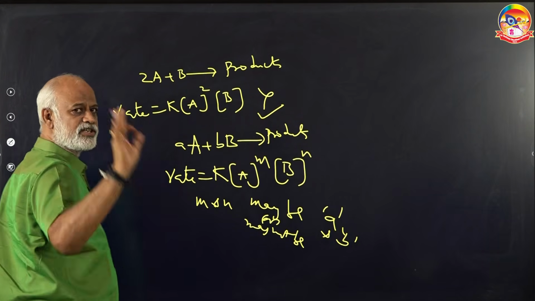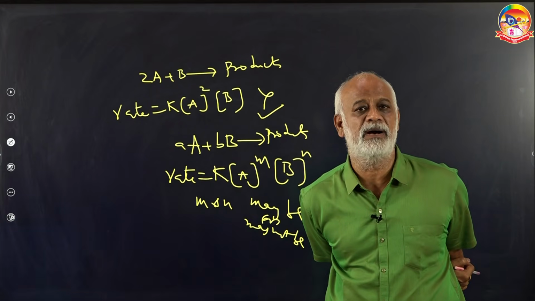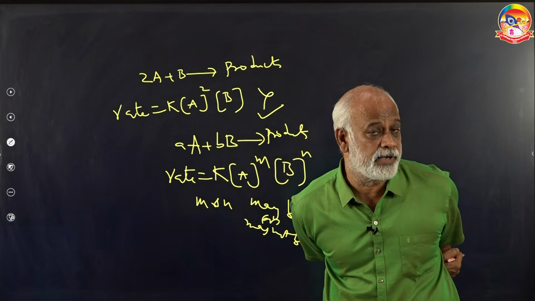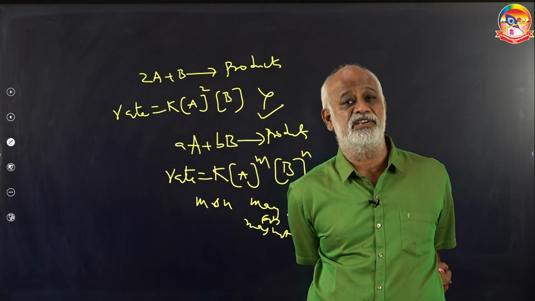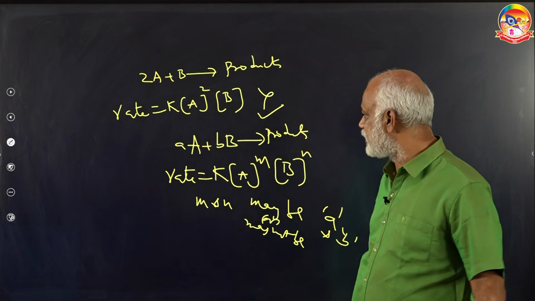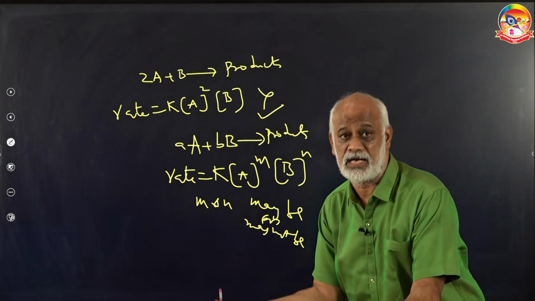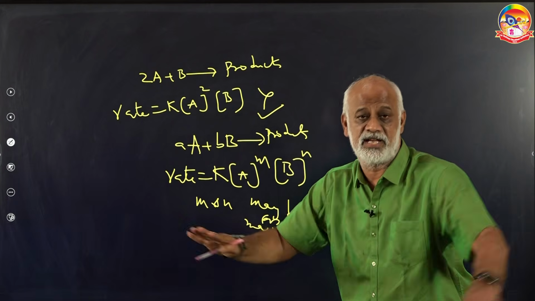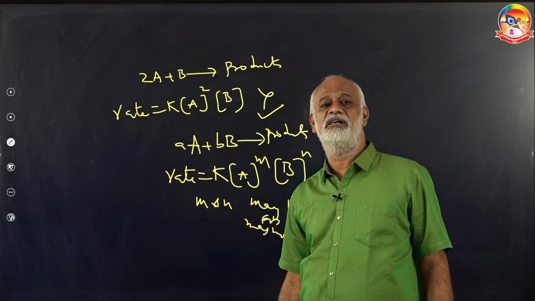This a and b are just the coefficients. The coefficients a and b need not be the powers m and n. Sometimes it may be a coincidence that they are, and sometimes it is correct only if it is an elementary reaction. Not always is a nothing but m, b nothing but n. It may sometimes be okay, but not always. This m and n are always obtained from experimental data.